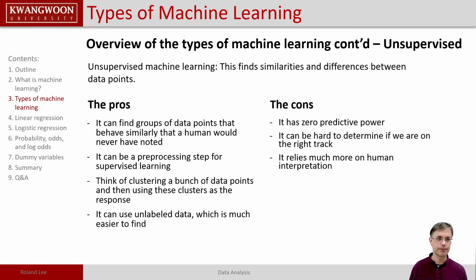Unsupervised machine learning finds similarities and differences between data points. Here again, pros: it can find groups of data points that behave similarly that a human would never have noticed. It can be a pre-processing step for supervised learning, and you can think about the clustering of a bunch of data and then using these clusters as response.